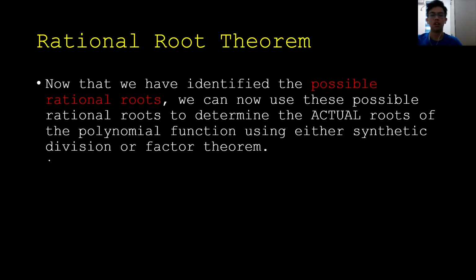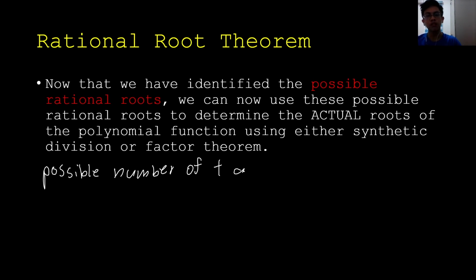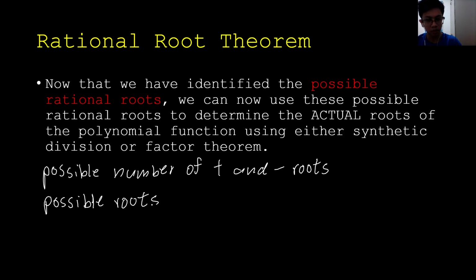Now that we know the possible number of positive and negative roots there are, and the possible roots of that polynomial function, we can now use this information to find the actual roots of the polynomial function.